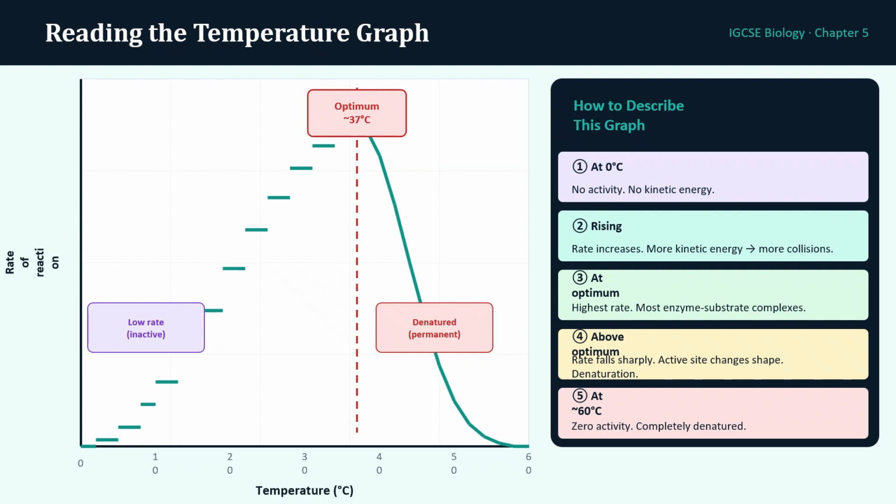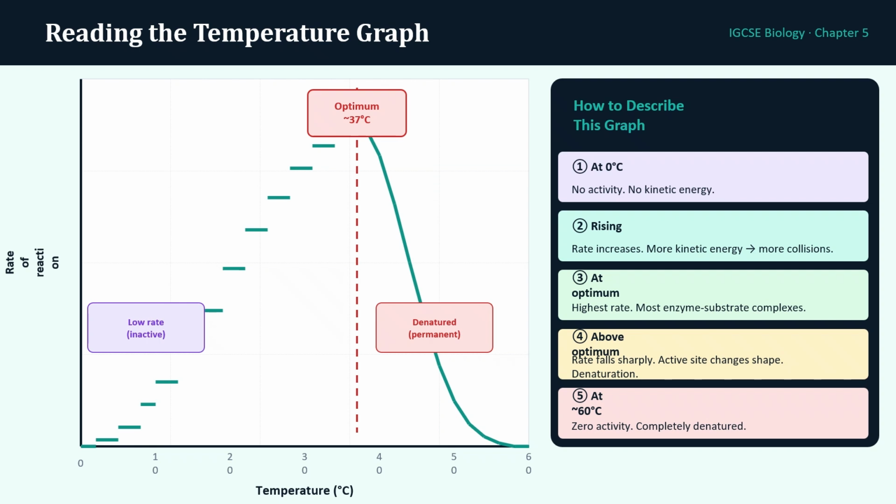Nothing is happening. Now observe in the graph that as the temperature is increasing, the rate of reaction is rising because more kinetic energy is there. More kinetic energy means more frequent collisions between substrate and active site. More enzyme substrate complexes forming every second.